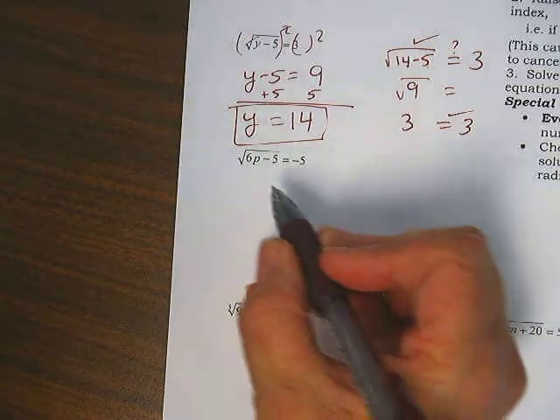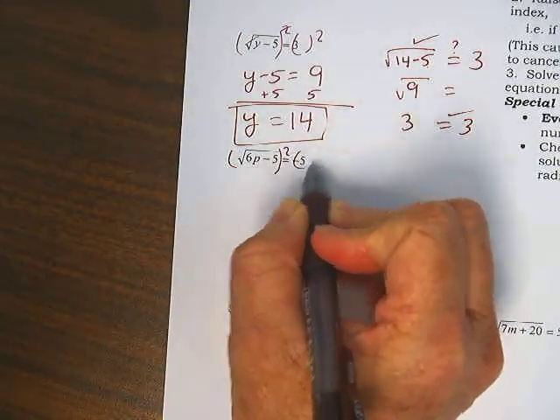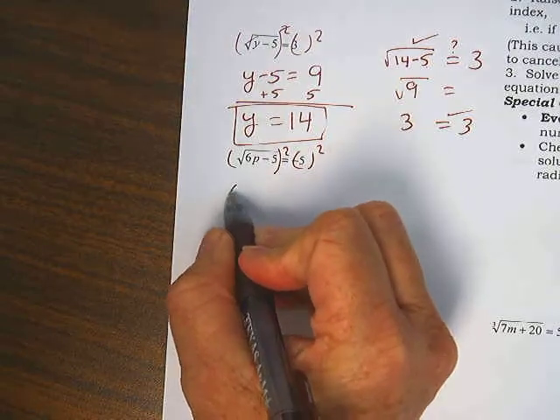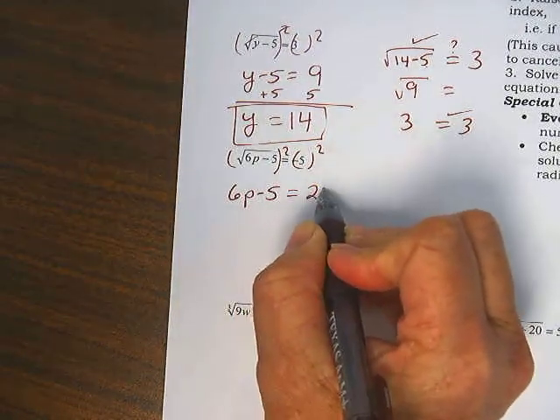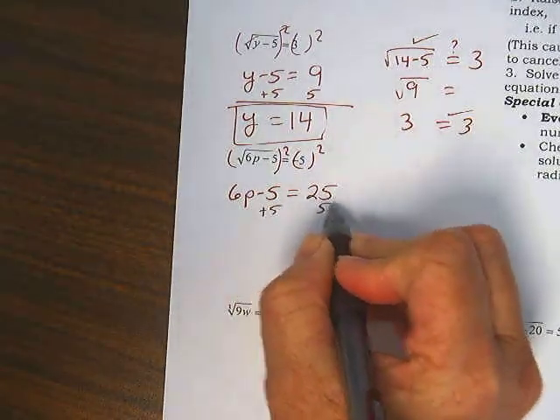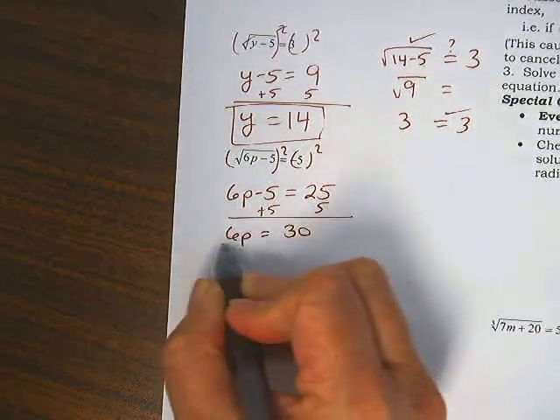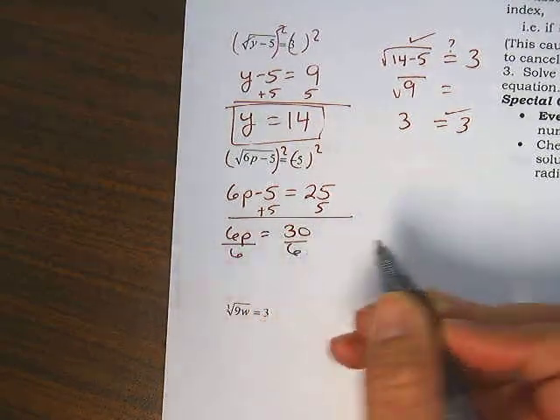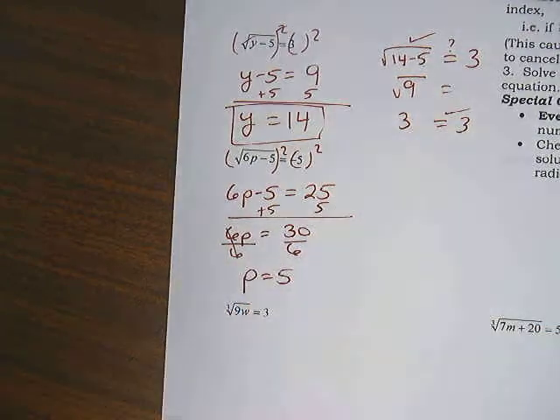Okay. We've already got our radical by itself. So let's go ahead and square both sides. And we get 6p minus 5 is equal to 25. Add 5, and we have 6p is equal to 30. Divide both sides by 6, and we have p is equal to 5.